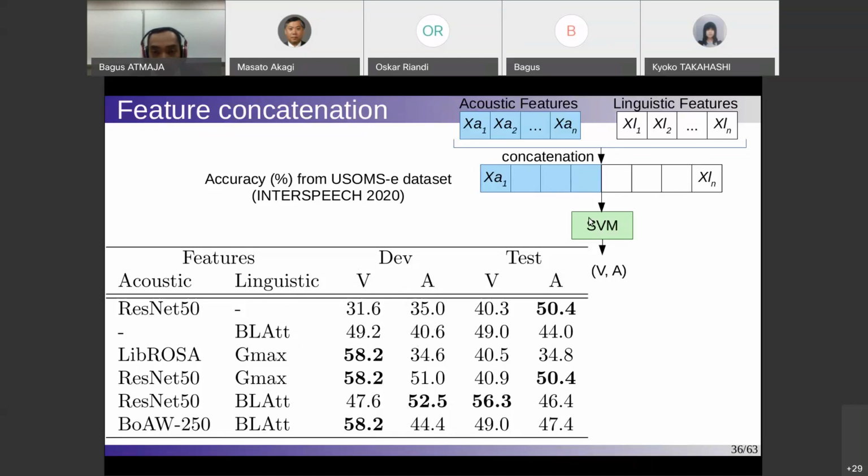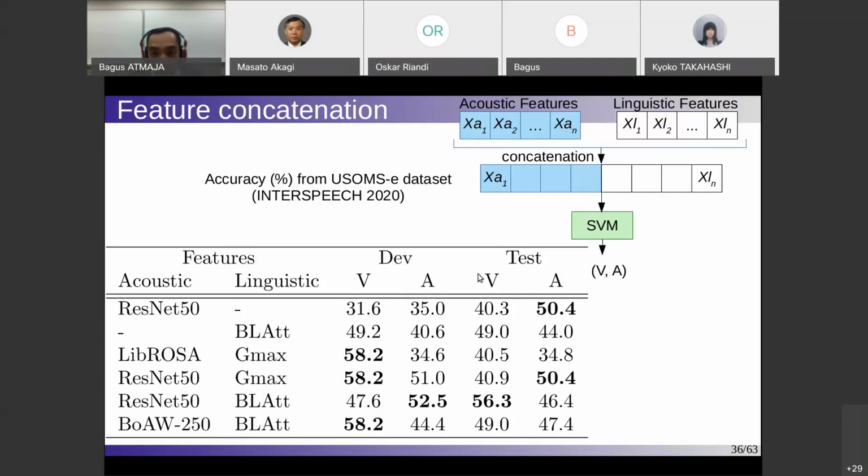But if we fuse both acoustic and linguistic, for example using Librosa and GeMAPS, we improved the development accuracy from 31 from acoustic to 58, or from 49 to 58 from linguistic. And for arousal, we improve it from 35 from acoustic to 52, or from 40 from linguistic to 52.